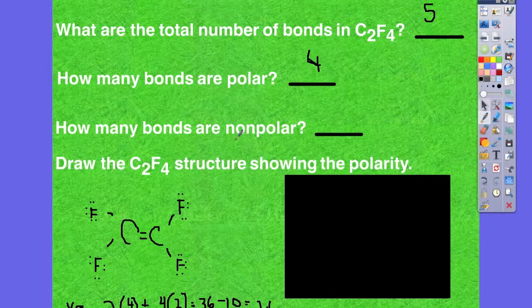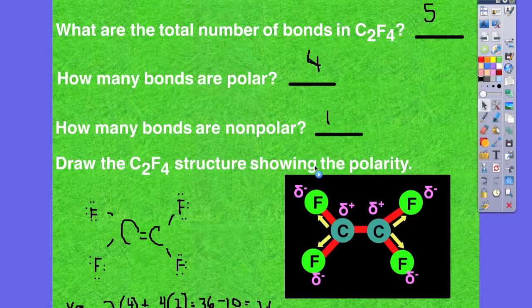How many bonds are nonpolar? 2.5 minus 2.5, that's 0, that's going to be 1. Whenever you're drawing this structure, remember to show the arrows going towards fluorine, the most electronegative, and assigning the partial positive for carbon and the partial negative for my fluorines.